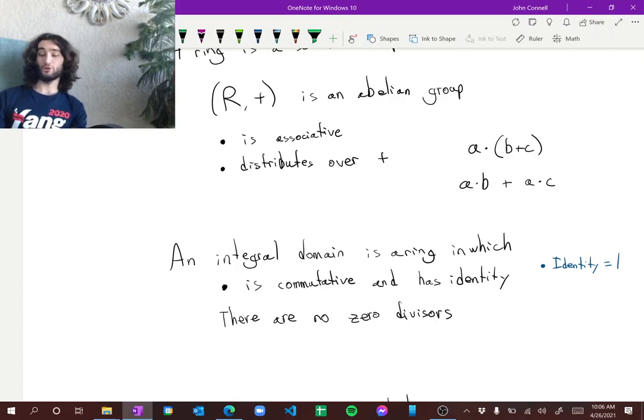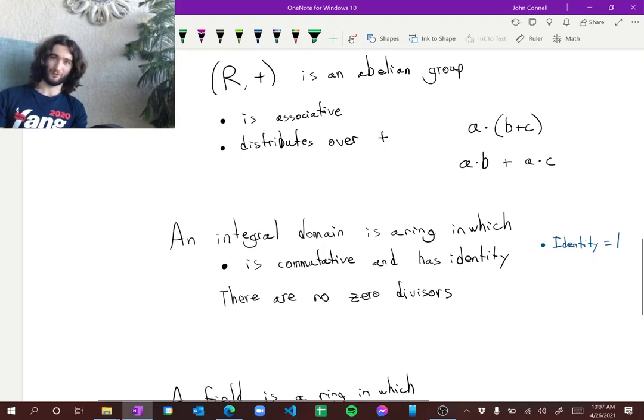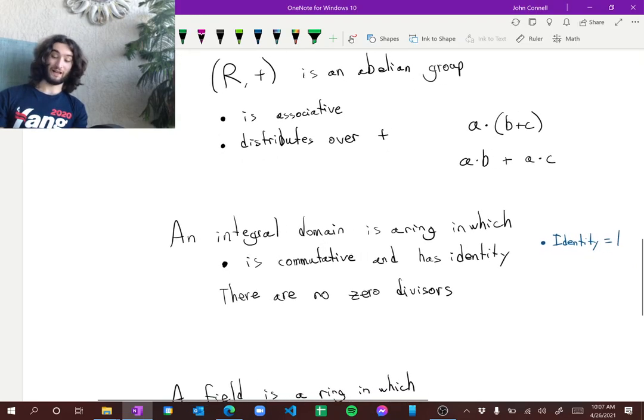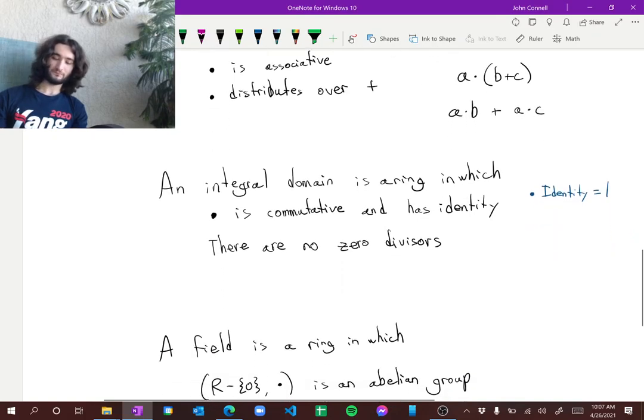Again, we could be talking about matrices, in which case that would be the identity matrix, not the number 1. But we would use the symbol 1, because it is performing the role of the identity in the second operation, which in that case would be matrix multiplication.